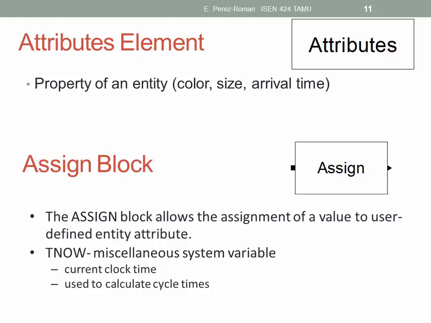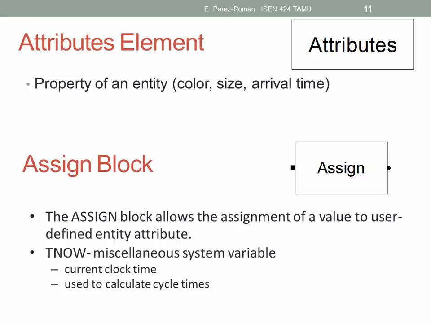Also, you might need to differentiate between the parts. You have 2 different products, 3 different products, and you want to make sure that you are processing part 1 on machine number 1, part 2 on machine number 2. So an assign block can also help you assign that type of attribute to that entity to represent that, okay, this part is blue and this part is red.